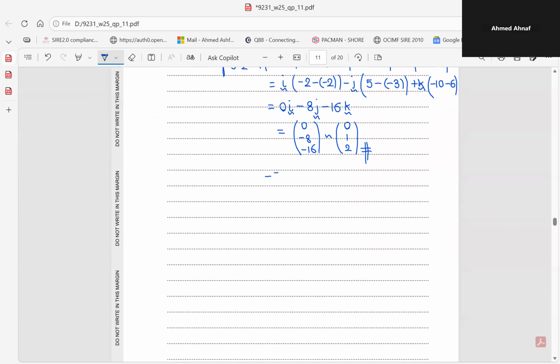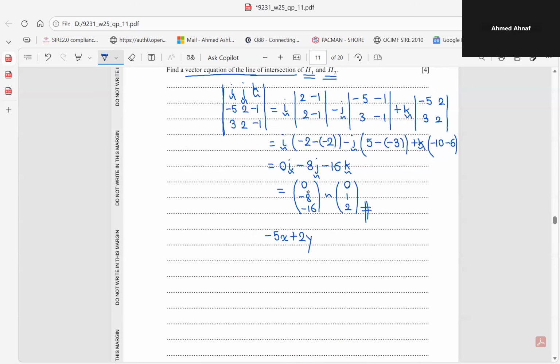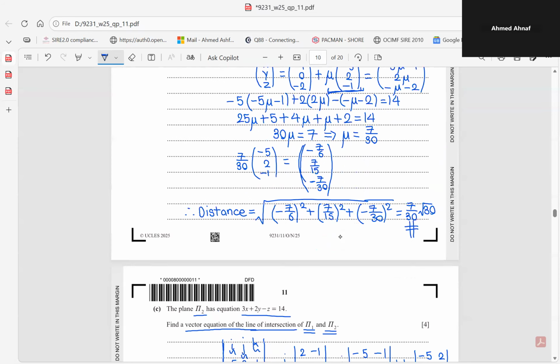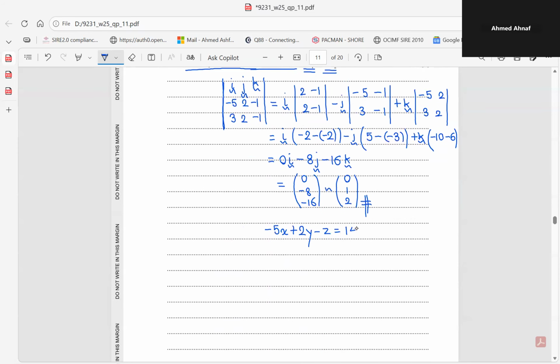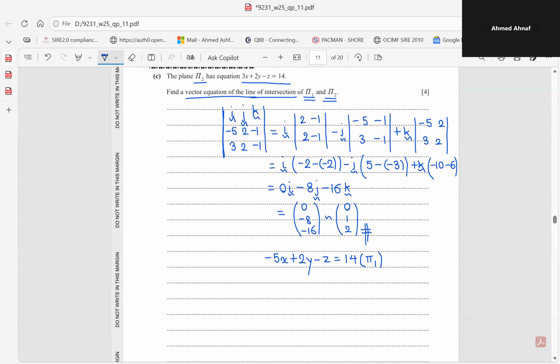Minus 5x plus 2y minus z equals 14, this one is pi 1. Pi 2 is 3x plus 2y minus z equals 40.